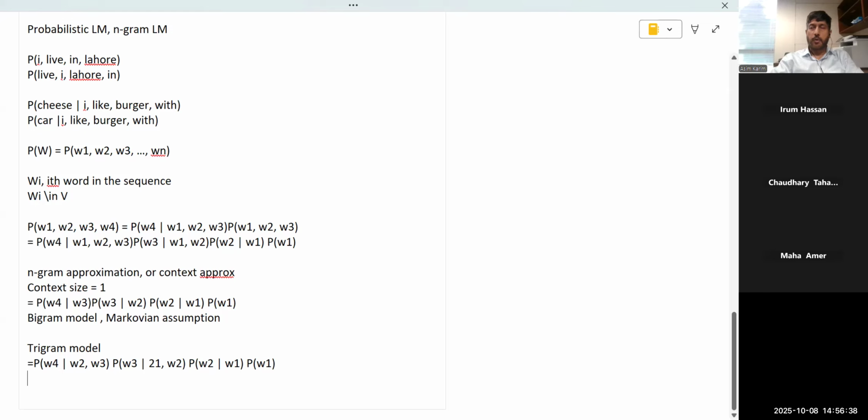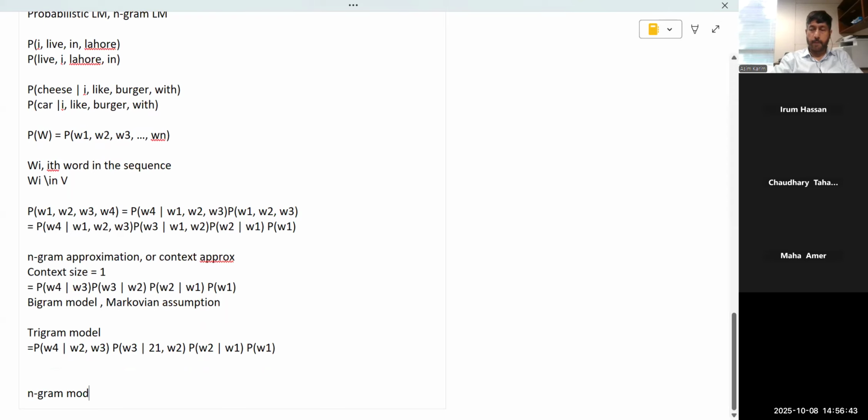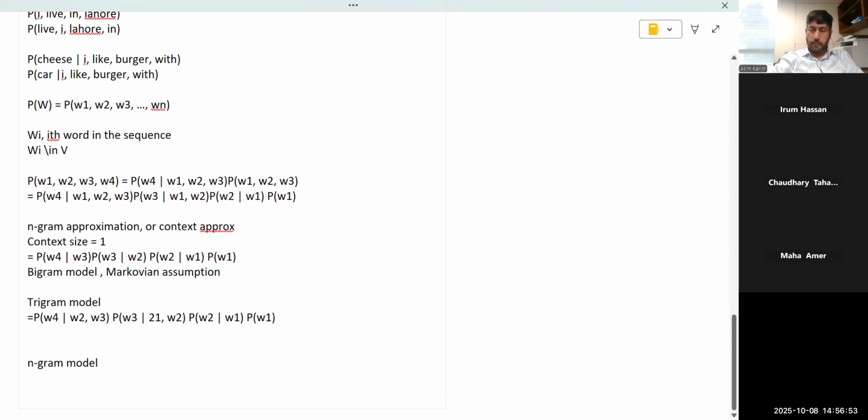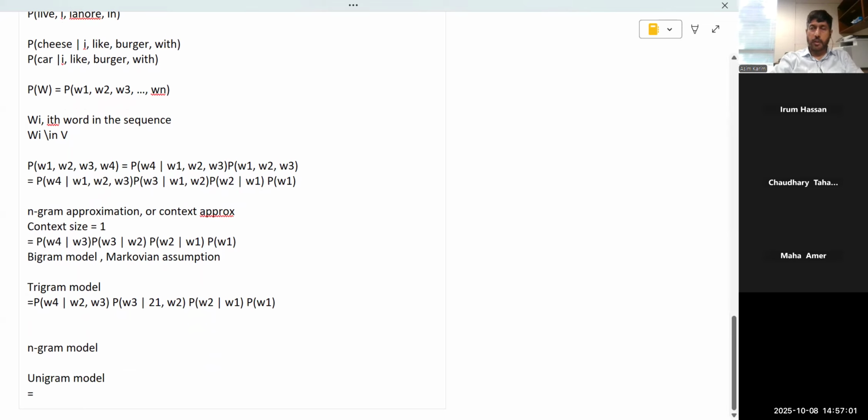So, okay, so you have the trigram model, and similarly, you can have higher order n-gram models in general. ठीक है. So, we have actually now simplified, okay, of course, there's one final case, the unigram model. The unigram model में हमारे पास क्या हो जाएगा? No context. The probability of W4, probability of W3, probability of W2, probability of W1. ठीक है.